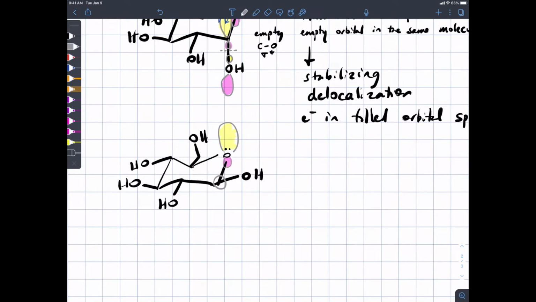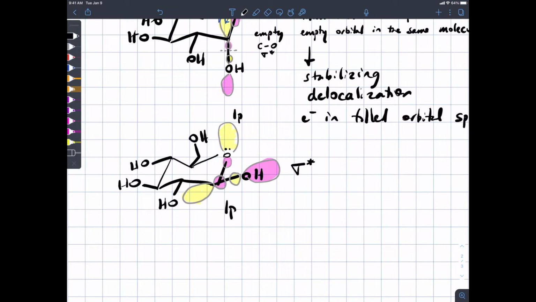Again, one of the interesting features of an antibonding orbital is that it has a node in between the two atoms, so that if you filled it, it would tend to pull the two atoms apart. But you can see that now if we were to look down this carbon-oxygen bond, we would see that the lone pair is basically perpendicular to the sigma star.